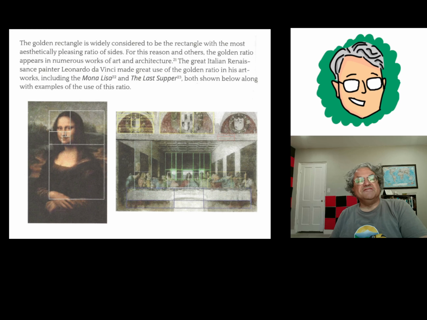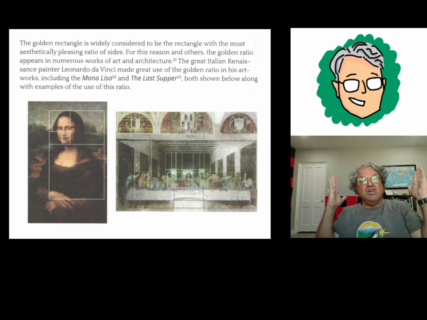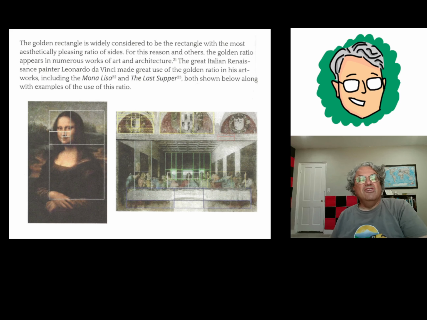If you measure various proportions in this painting, like her face, for instance, you can put a golden rectangle around her face. The ratio of the height of her face, in other words, the distance from the top of her forehead to her chin, divided by the width of her face, is the golden ratio.